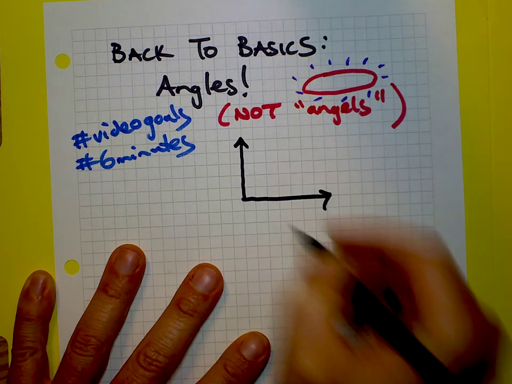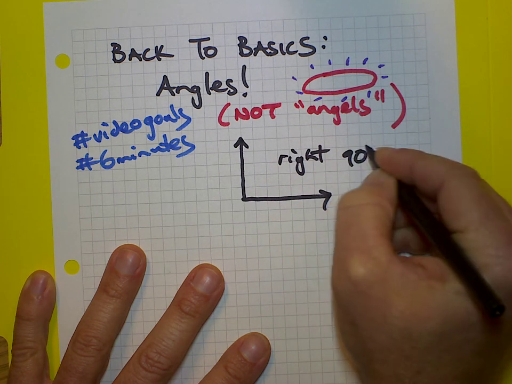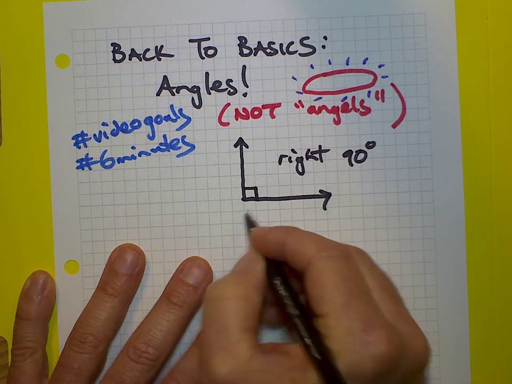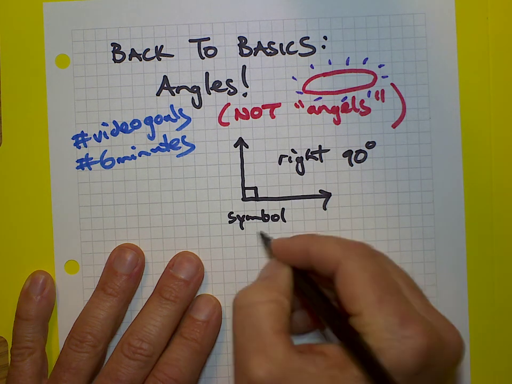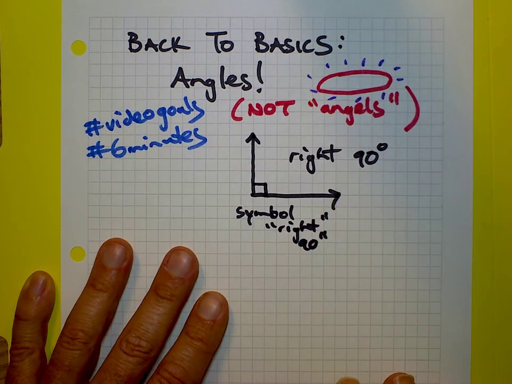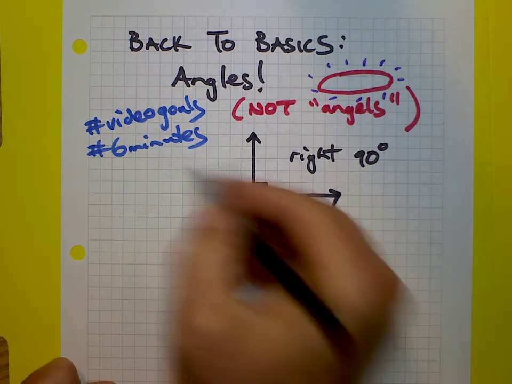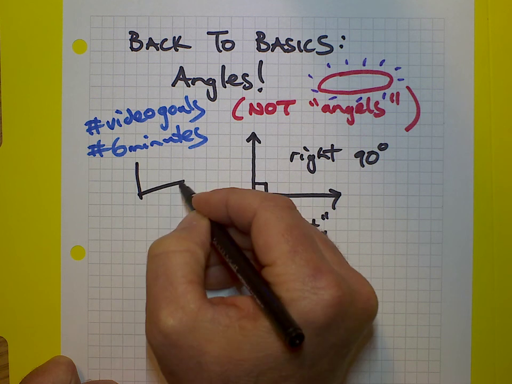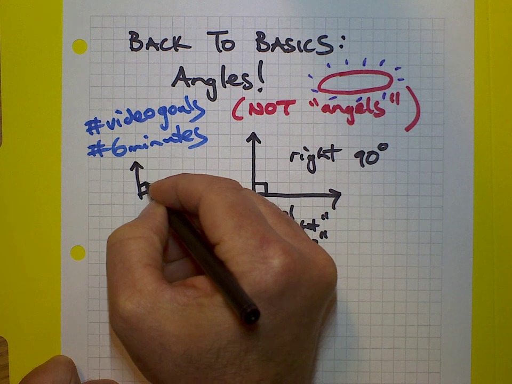So if we go like that, that's a right angle. Technically, that means 90 degrees. And usually there's a little symbol here, and it means something. It doesn't just mean box or square. It means right. So for example, if you have some teacher, like me, who is not very artistic, drawing an angle on a test which doesn't look great, but I want to make sure you know I meant for it to be 90 degrees, I'm going to put that box on there.